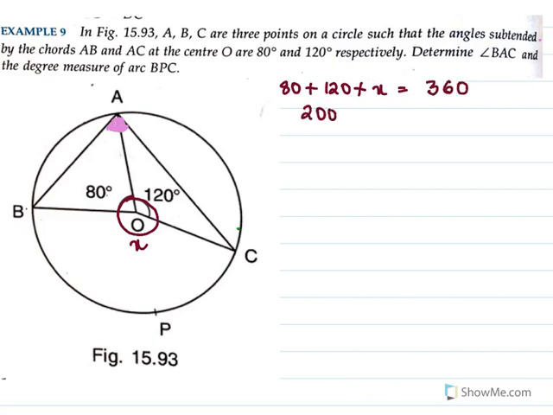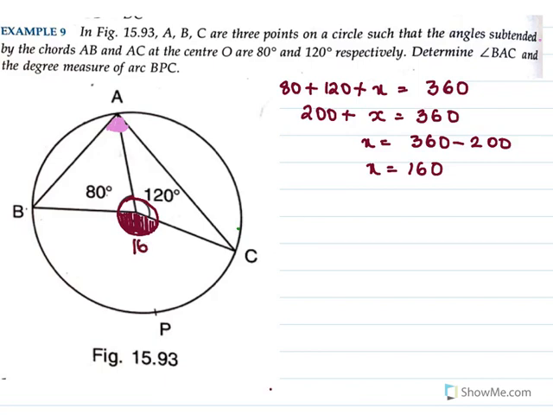So we have 200 plus X, 360. So X is 360 minus 200, so X is 160. So this angle is now 160. So we'll rub this, we put here, we found this 160.